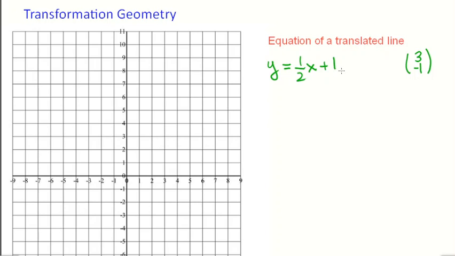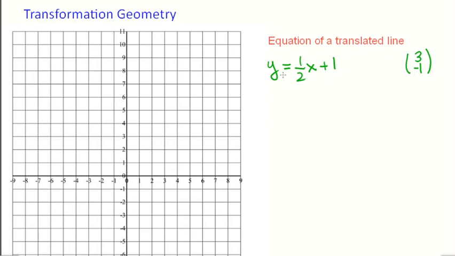There are several ways of drawing this line, and you could make a table, or you could find the y-intercept and the gradient. I will go with the intercept and the gradient, just because for this example it's simpler. But that does not mean that you couldn't follow another method, make a table of x, y, choose different x's, different y's, and plot your line.